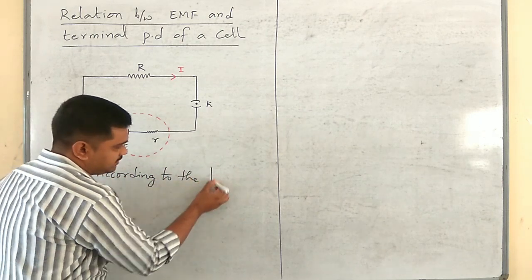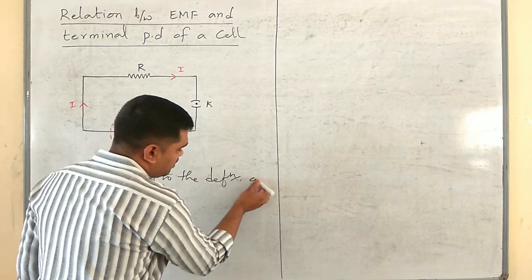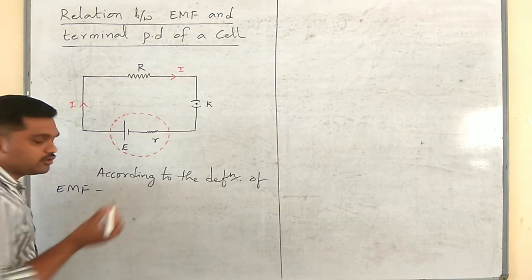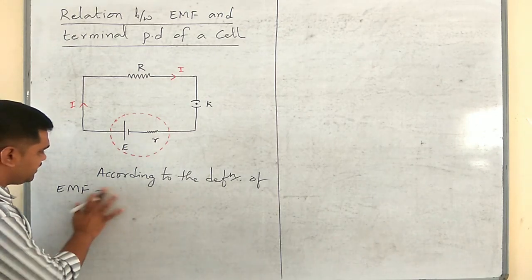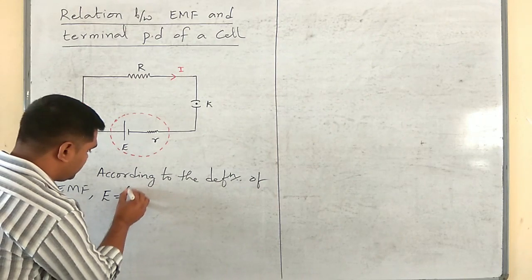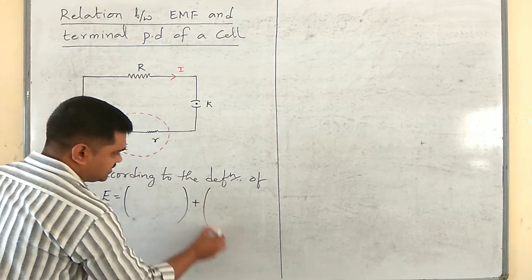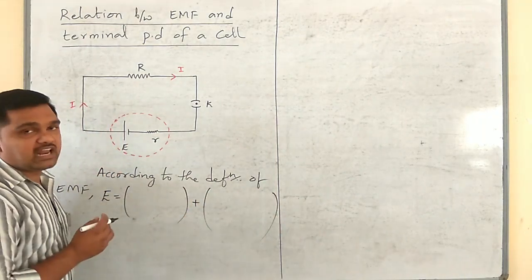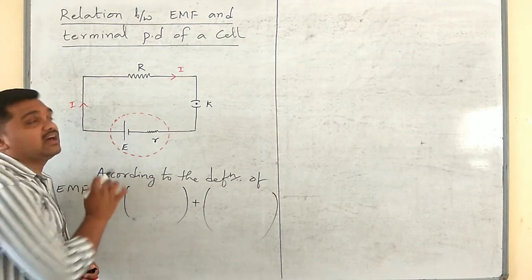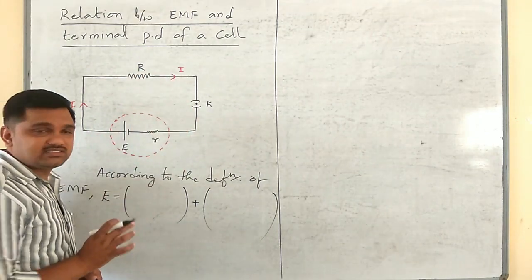according to the definition of EMF, we can say E is equal to the total amount of work done in moving a charged particle throughout the circuit once, isn't it?